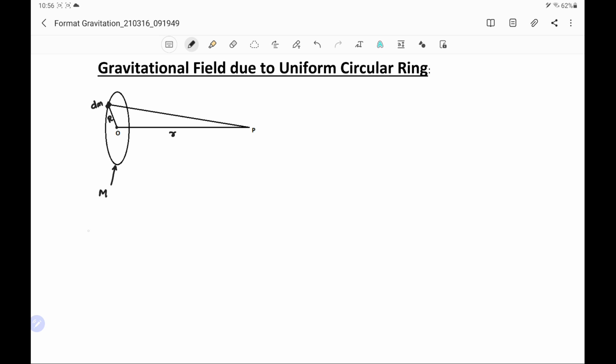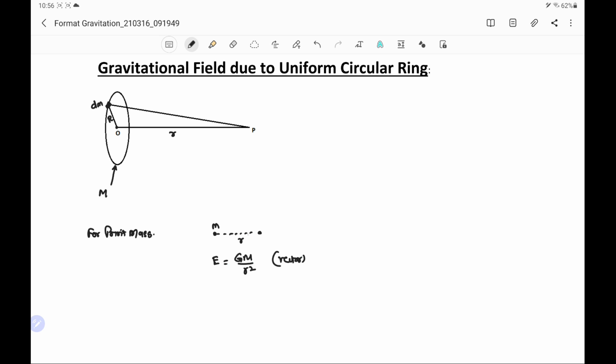And we know for a point mass, the gravitational field at a distance r will be equal to GM by r square, and it is a vector quantity.